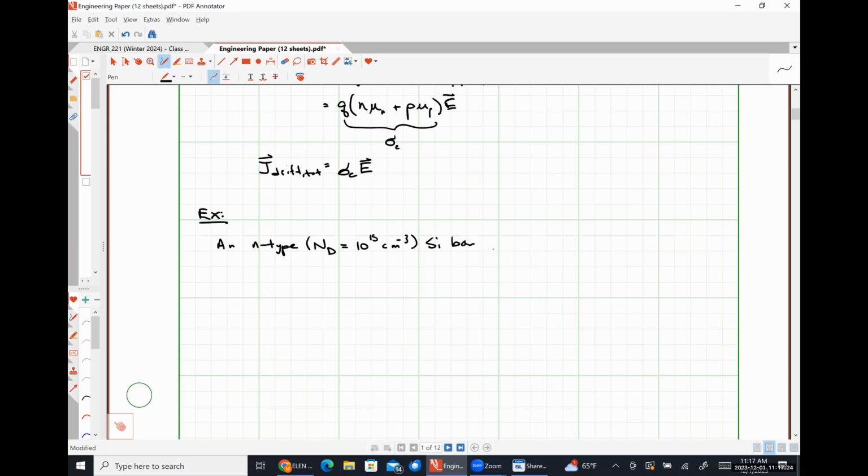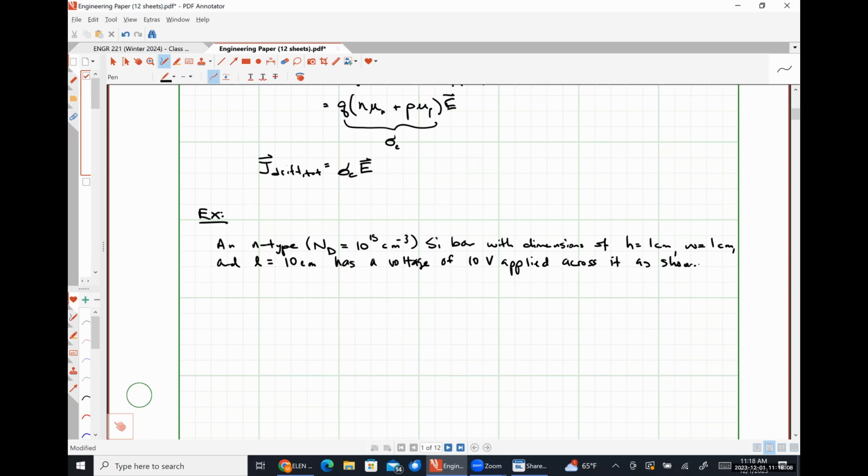So an N-type silicon bar with dimensions of height 1 centimeter, width 1 centimeter, and length 10 centimeters, has a voltage of 10 volts applied across it as shown below.